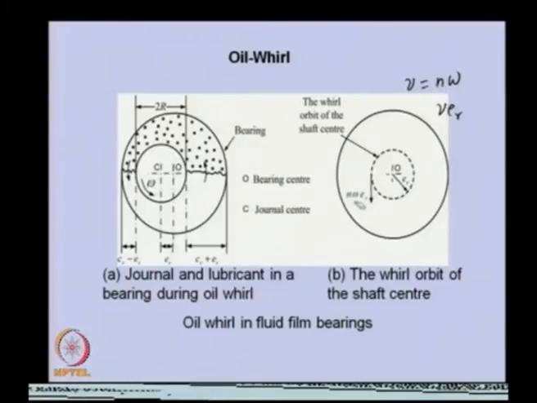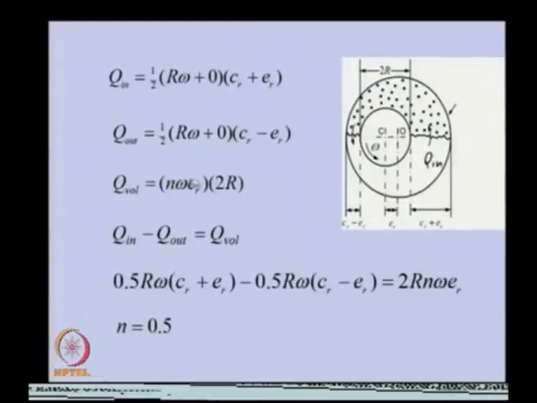So the downward motion of the rotor we have taken as n omega er, which is the velocity of the journal, and the projected area is 2r into the depth, which is unity. So that is the volume being created in the upper half. Now the difference in the volume in and out should be equal to this volume which the journal is creating.